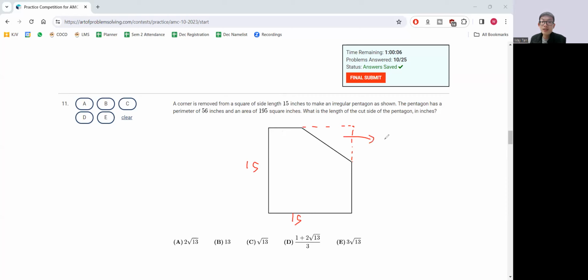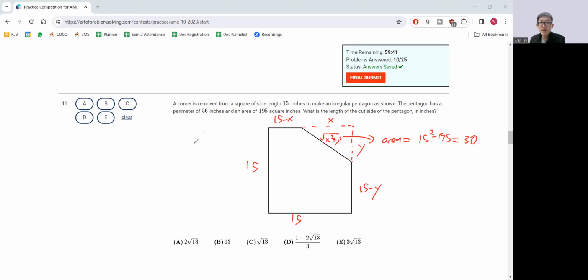So this area is 15 squared minus 195, which is 30. We have lost 30 square inches of units. Now if I call this x and y, this is 15 minus x, this is 15 minus y, and this is root x squared plus y squared.